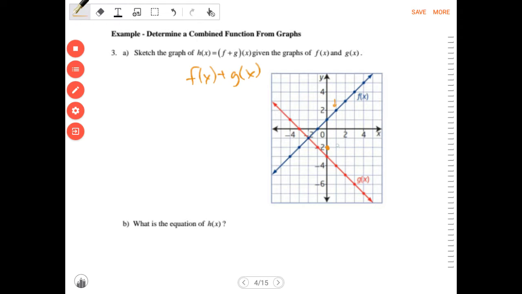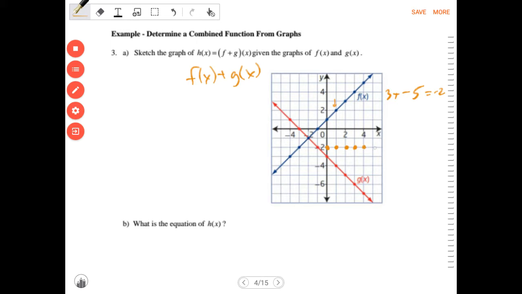Oh, okay, so 2 plus negative 4, hey, that's also negative 2. This one I have 3 plus negative 5, hey, that's also negative 2. Okay, we got 4 and negative 6, which is negative 2.